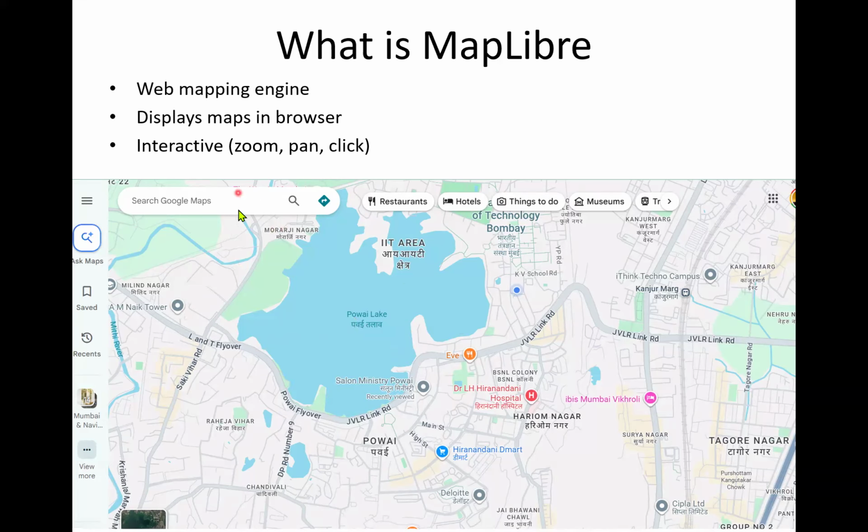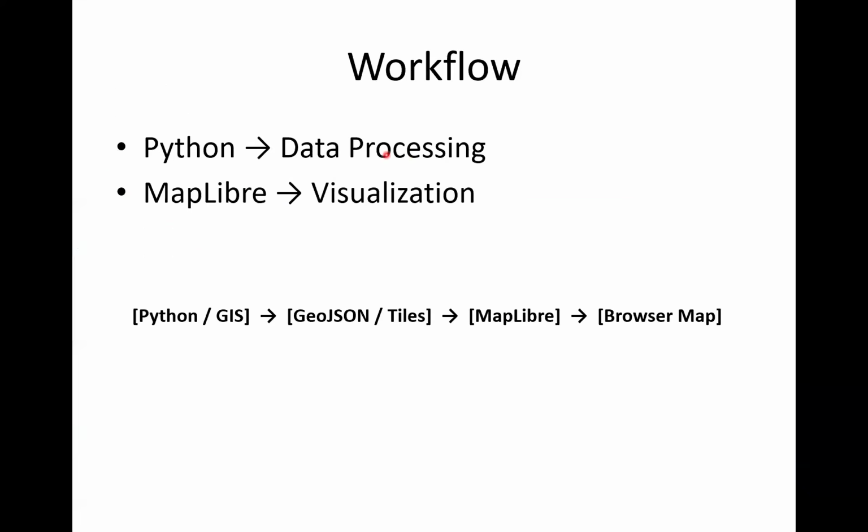The map library does the same. How can it be performed? Consider that Python is used for data processing, and this is used for visualization. Python prepares the data, and MapLibre shows it. In Python or GIS, we have a GeoJSON file, tiles, a TIFF or GeoTIFF file, or any raster tile.